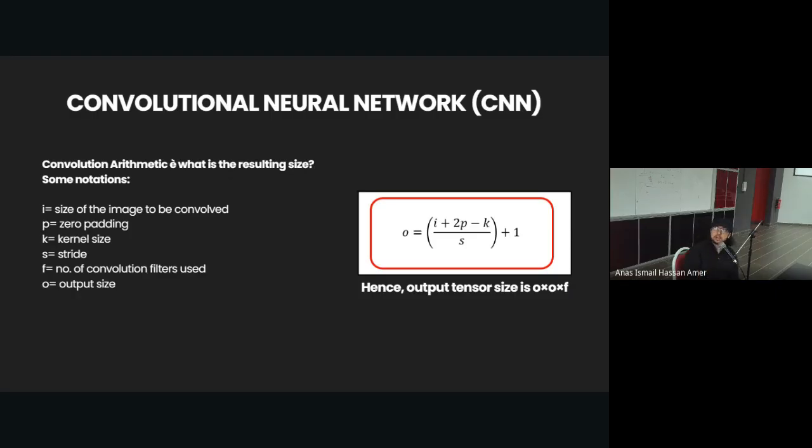And then you have B, which is the padding. How many pixels of padding did you add? 0, 1, 2, and so on. And you have the kernel size. So if you have a 3 by 3 kernel, the value would be 3. Or 2 by 2, and so on. You also have stride, how much the kernel moves. F is the number of convolution filters used.